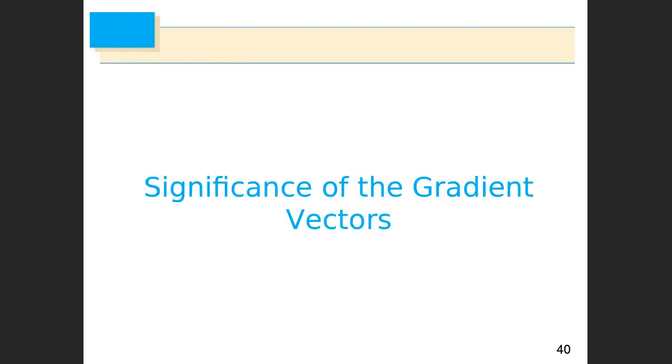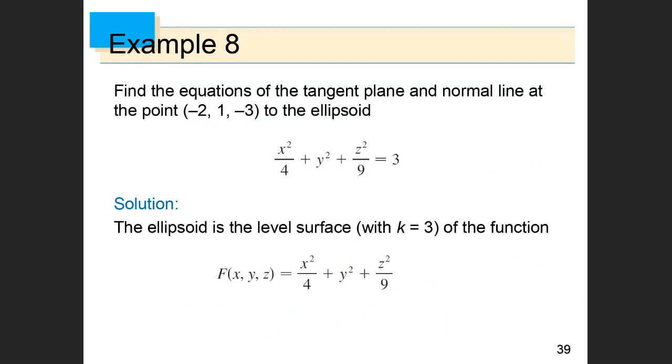So once we got the gradient, again the first derivative was x over 2, the second derivative with respect to y was 2y, and the derivative with respect to z was 2z over 9.